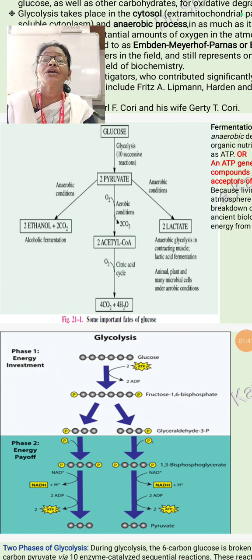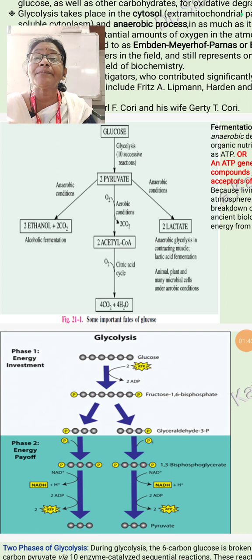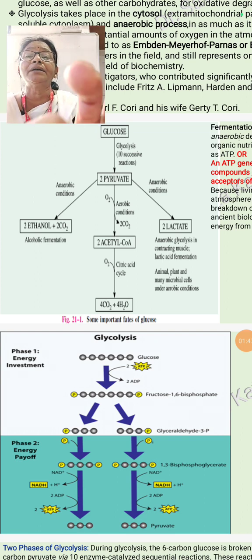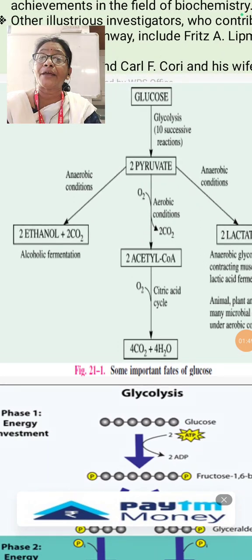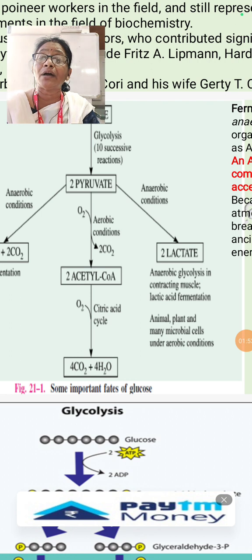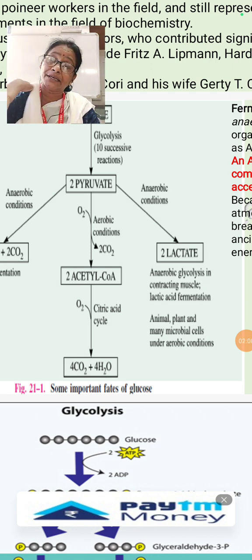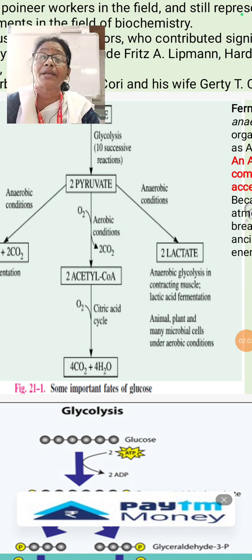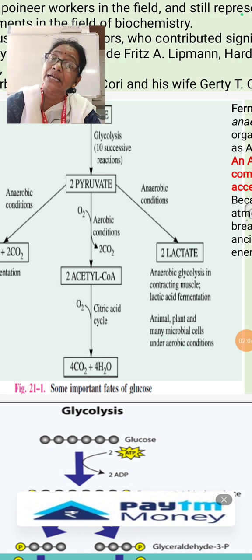Is it clear? Once the pyruvate is formed, that pyruvate either undergoes aerobic oxidation, that is further metabolism in aerobic condition, or the anaerobic pathway. When pyruvate is further metabolized in anaerobic condition, it is converted into lactate.